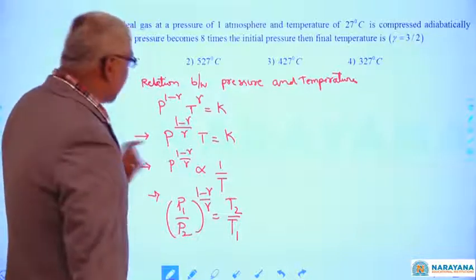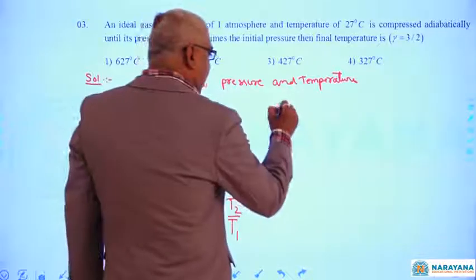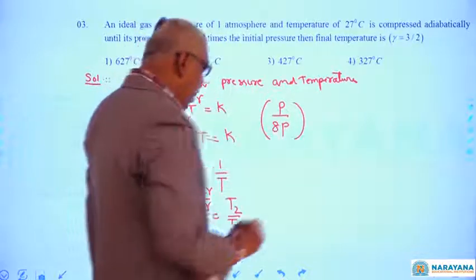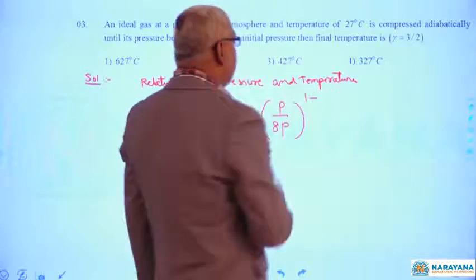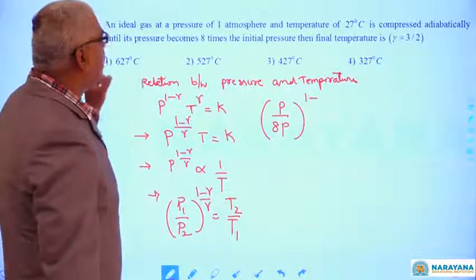Initial pressure is P. Final pressure became 8 times, so (P by 8P) whole to the power of 1 minus gamma. Here actually, what kind of gas are we considering?